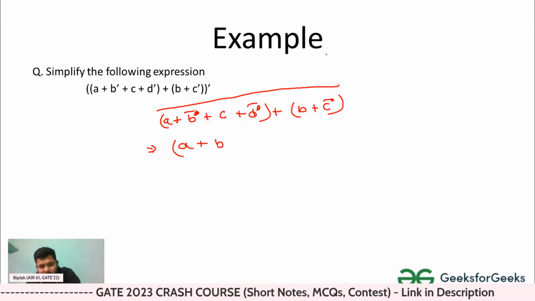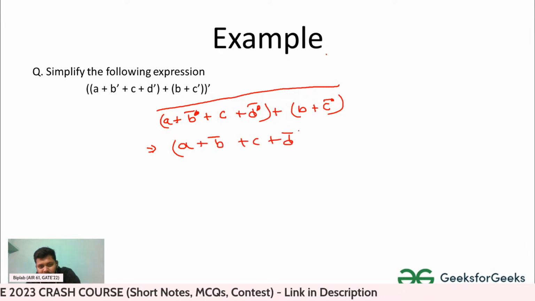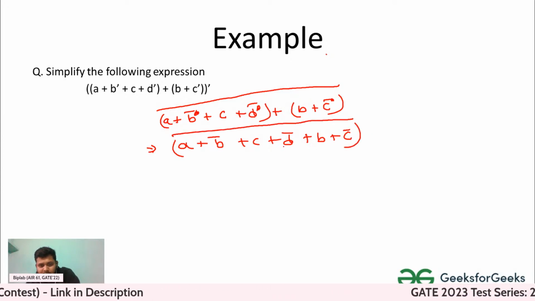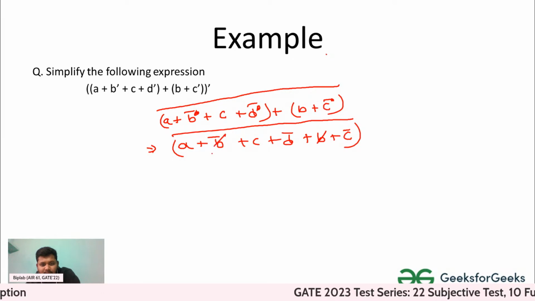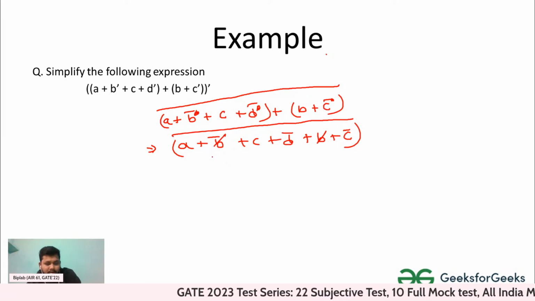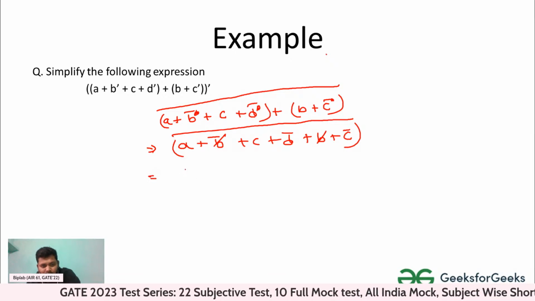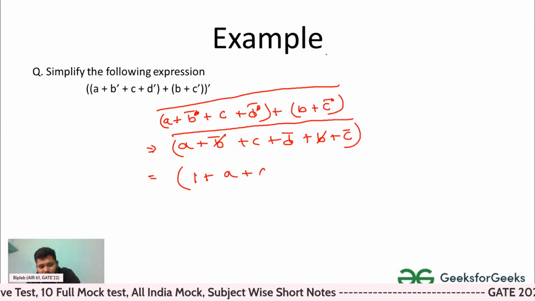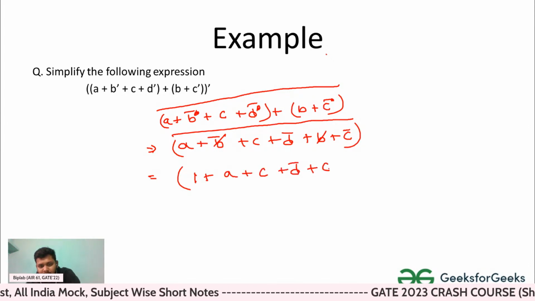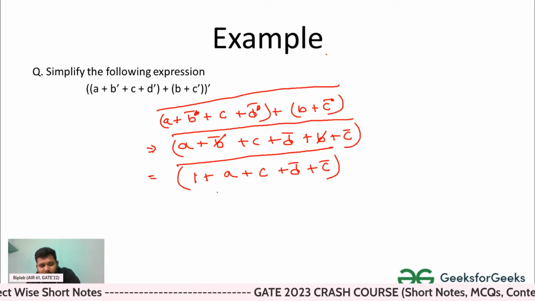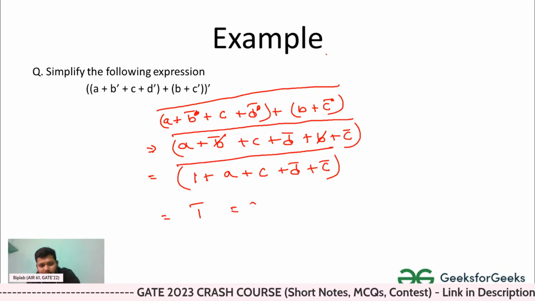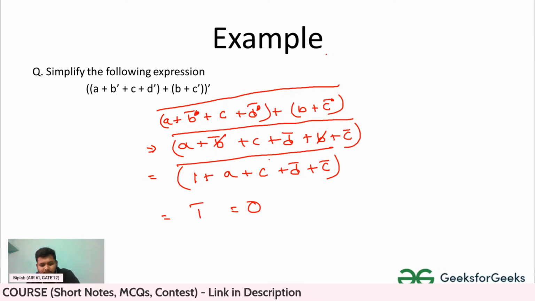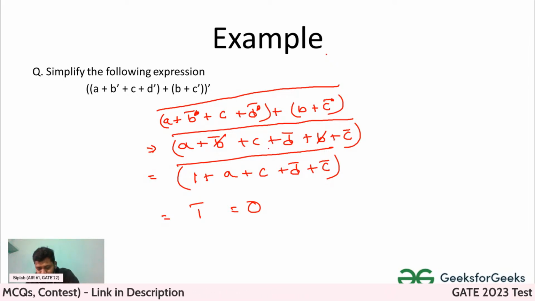A plus B bar plus C plus D bar plus B plus C bar, and put the whole bar here. So B plus B bar is what? 1. B plus B bar is 1. So 1 plus anything will be 1. So you have 1 bar, which is 0.